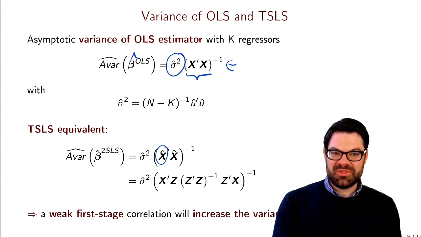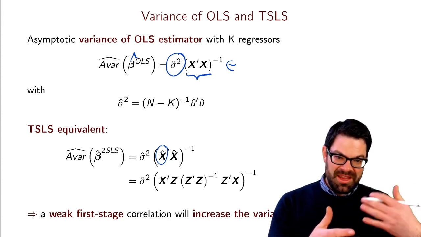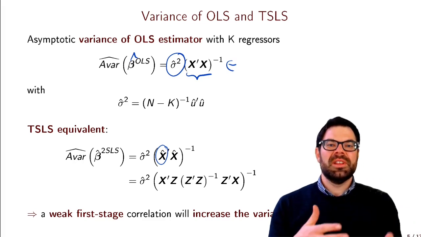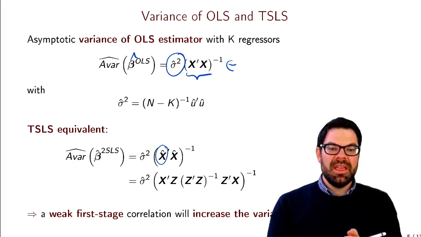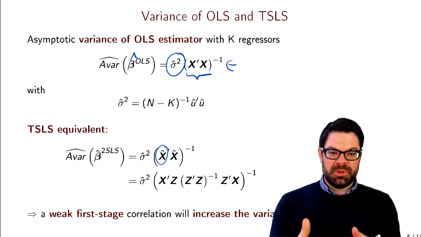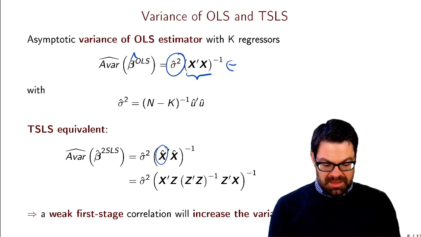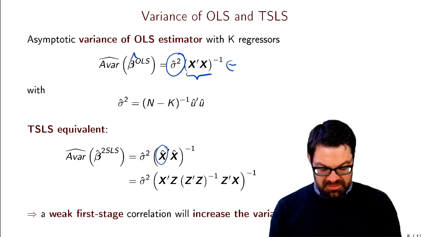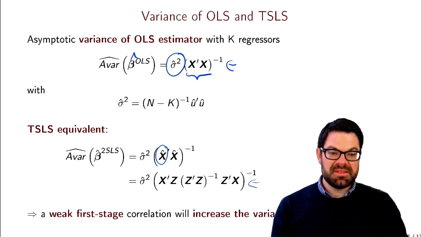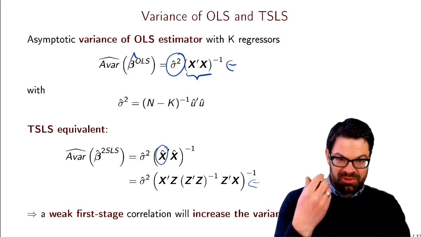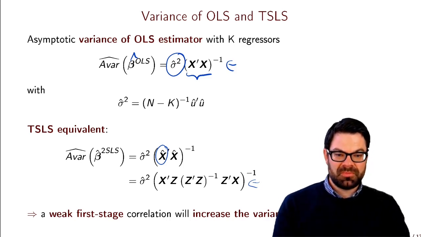Again, we run the first stage, and then we purge the endogenous variation and only use the exogenous variation in x, so the variation that is explained by the instruments. And therefore this expression here in parentheses also includes this projection matrix, so it includes the first stage.